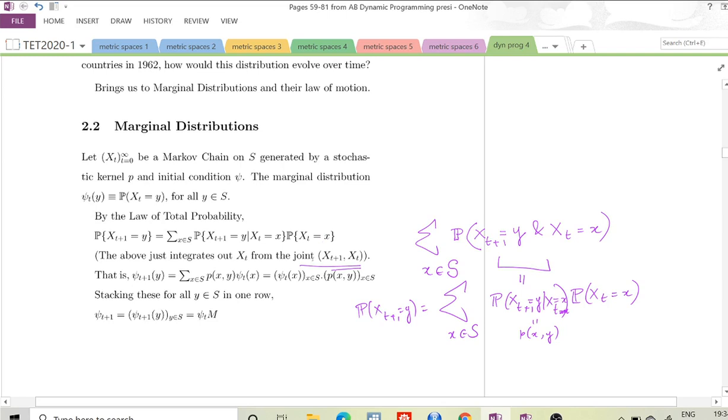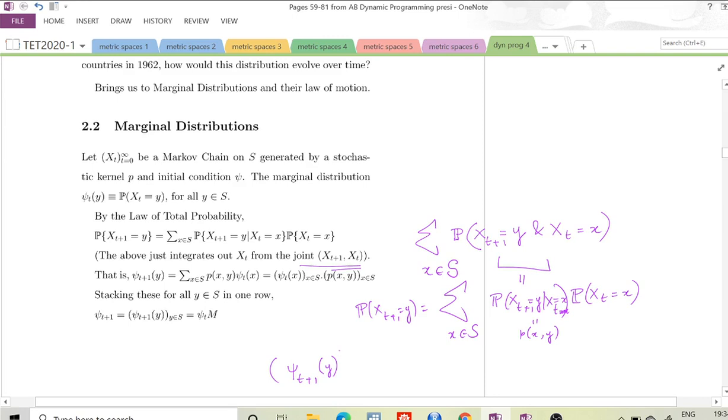Okay. So we write this in shorter notation. The probability that xt plus 1 is equal to y, we'll just call it ct plus 1 of y. Okay. And we can calculate this for any state y.